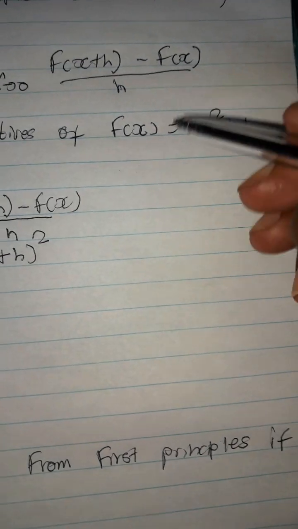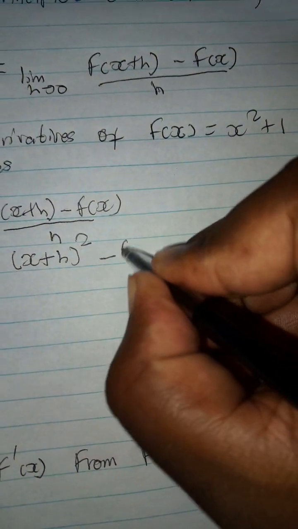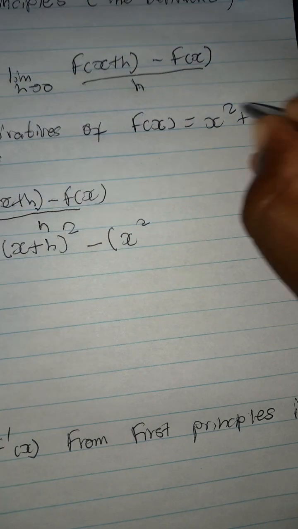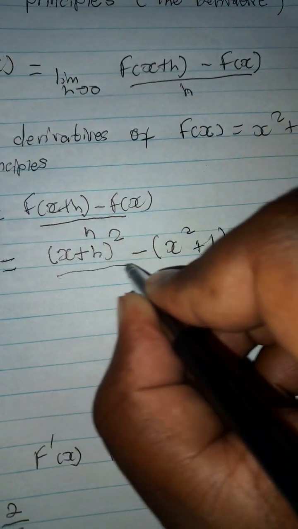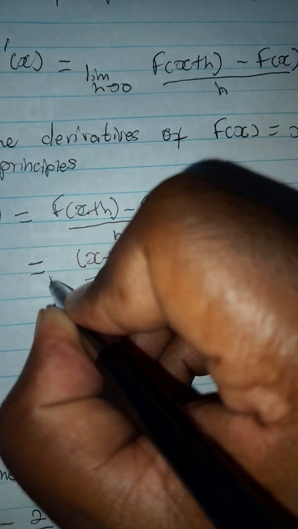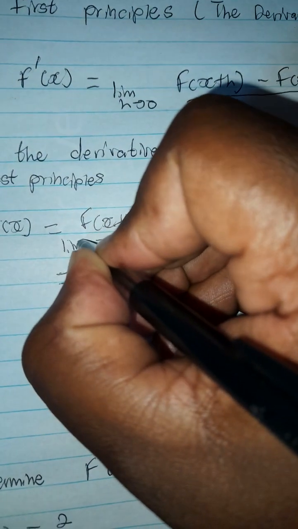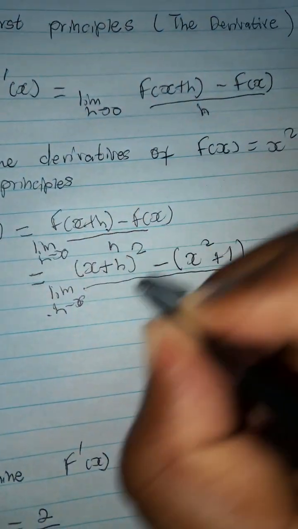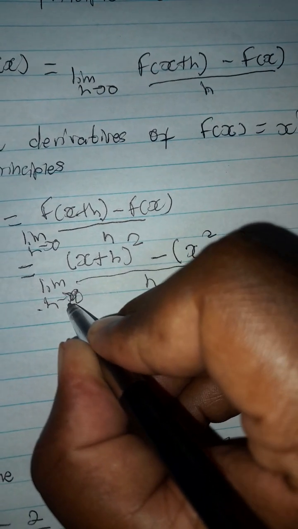Remember, where there is x squared, we are going to replace it by x plus h squared minus the given function, which is x squared plus 1. Then we will divide by h. Don't forget the limit as h approaches 0.